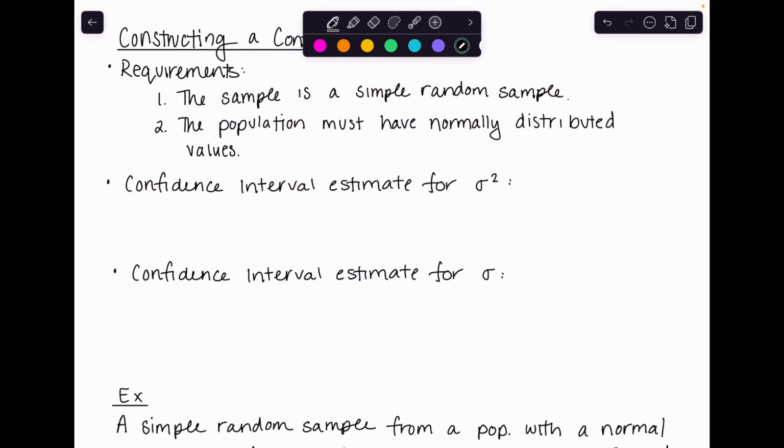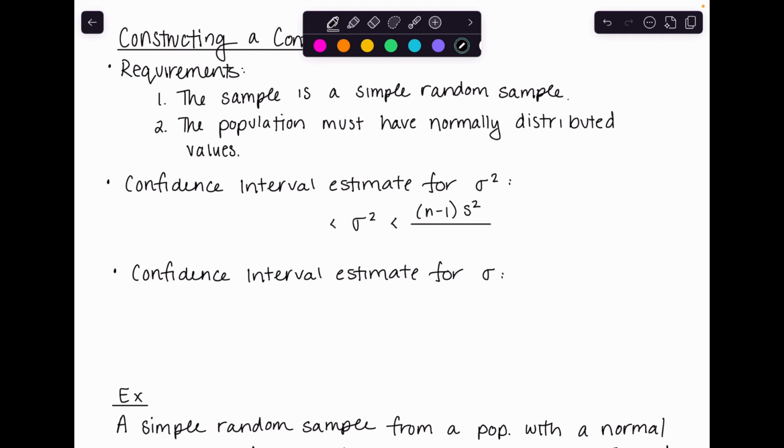As long as you know one though, remember to get the other, you just go ahead and you take a square root. So the confidence interval for our variance is going to depend upon those left and right critical values. And that upper bound is going to be n minus 1 times our sample variance.